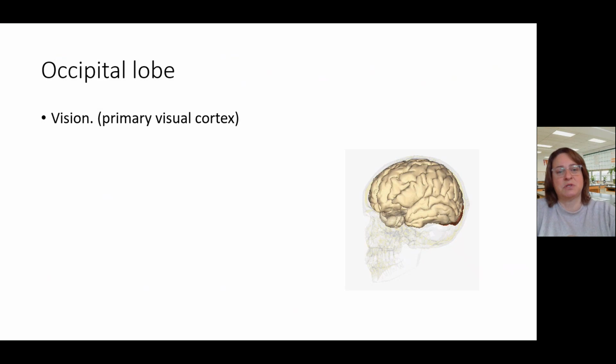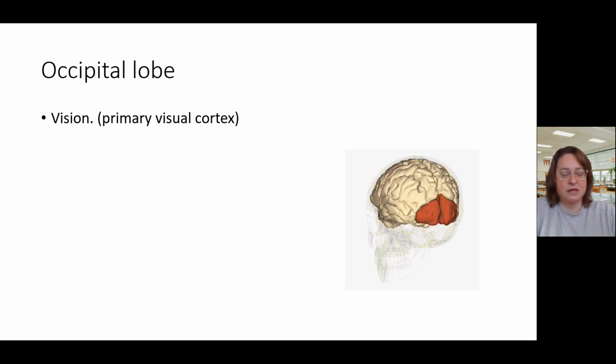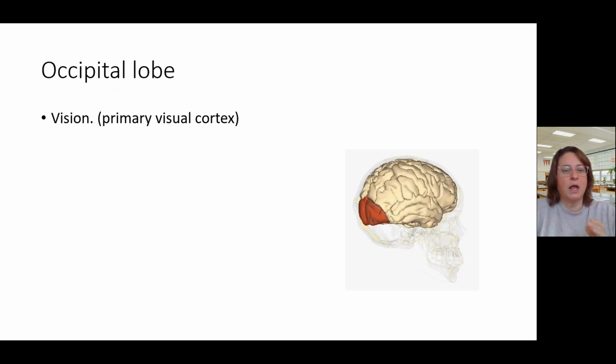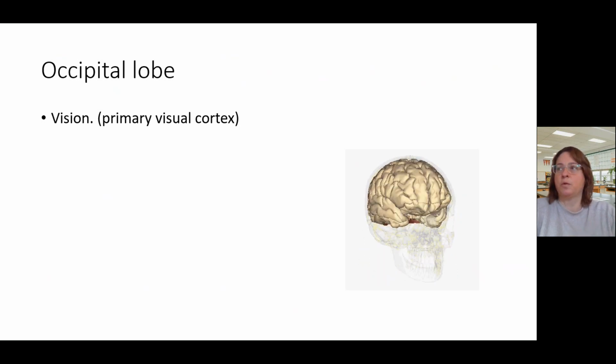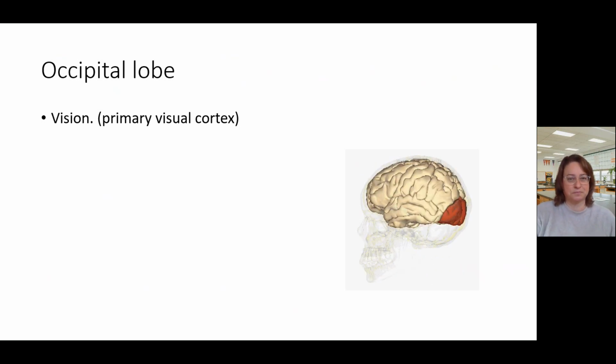And the last one is your occipital lobe, which is where visual information comes in, again right to left, left to right, those optic nerves cross over. And you get very basic visual input, not yet processing, just input.